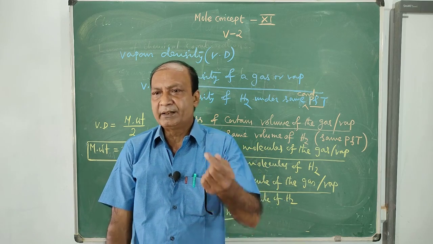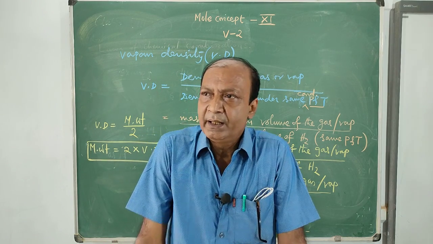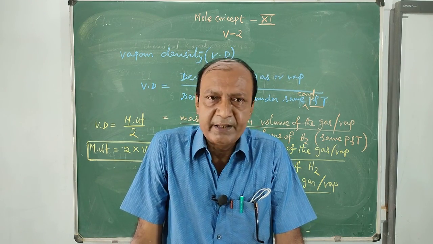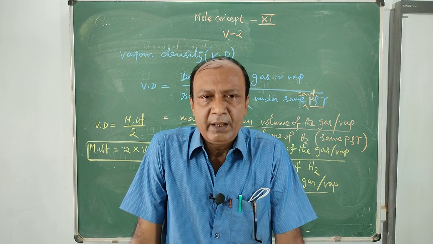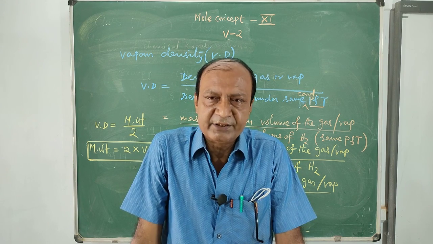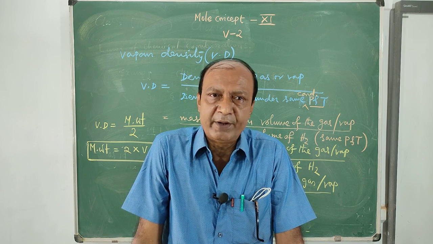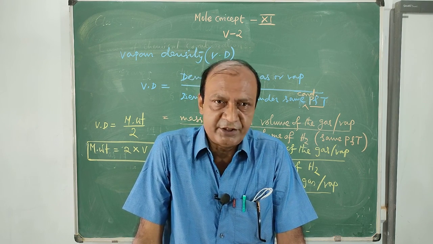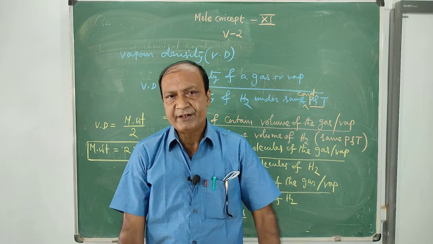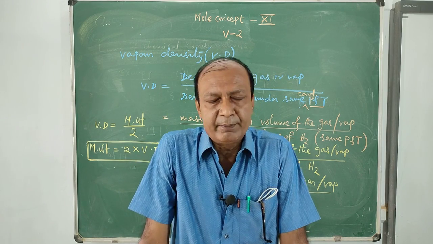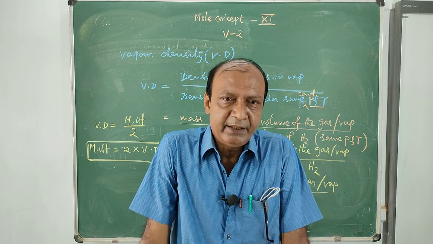Now I am telling one thing you will read. Equivalent weight for elements is equal to atomic weight by valency. Equivalent weight of acid is equal to molecular weight of the acid by its basicity. Equivalent weight of a base equals molecular weight of the base by its acidity.